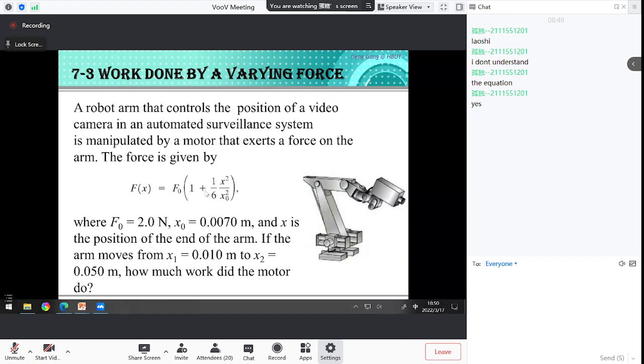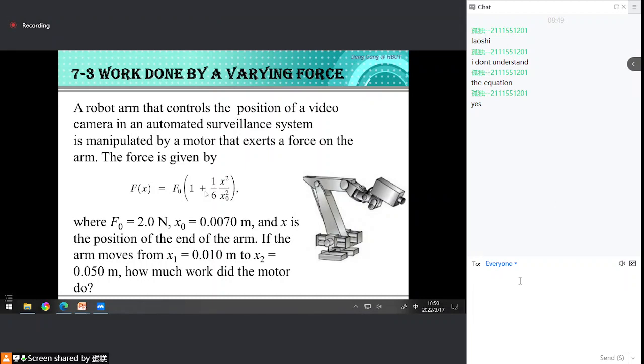It's just like a program inside this motor. It is programmed to work like this, according to this equation. It can apply force according to this equation.